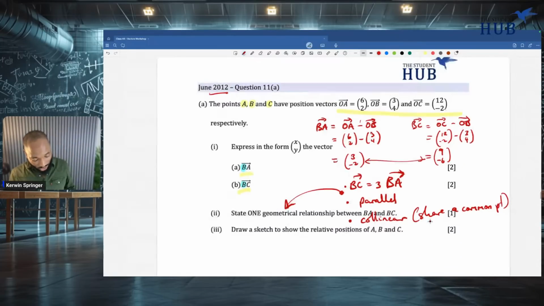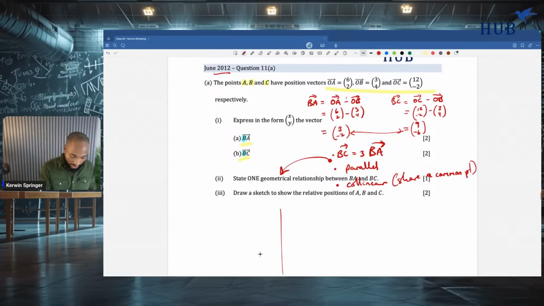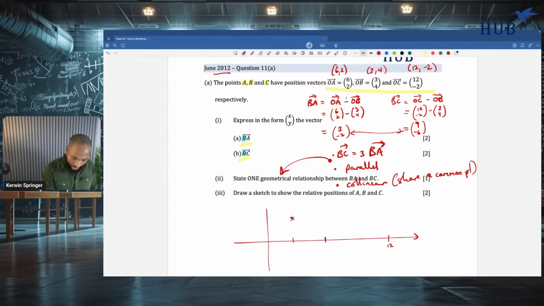Draw a sketch to show the relative position. So they want sketches. Well, sketches are easy in this case because A is really (6, 2). Visualize where that will be. This one is (3, 4), so you come back a little bit and go up a little higher. And this one is (12, negative 2), so you go all the way down to 12. So (3, 4) should be something like this. That's B. (6, 2) will be something like this.